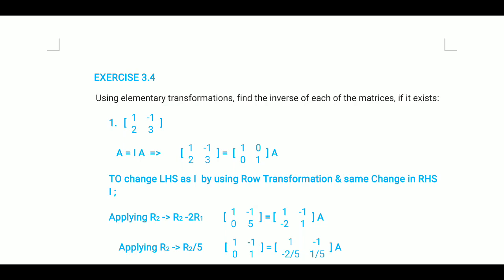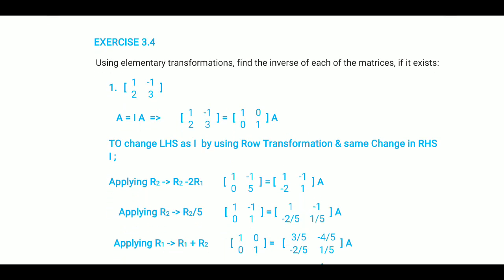Write A is equal to I into A, which implies that put the value of A, that is 1 minus 1 2 3, is equal to put the value of I, 1 0 0 1 of same order, into A. A remains same. To change the left hand side to I by using row transformation and same change in RHS I.